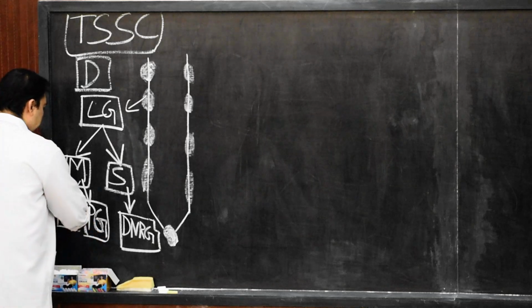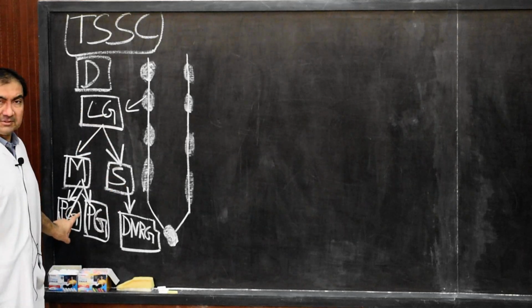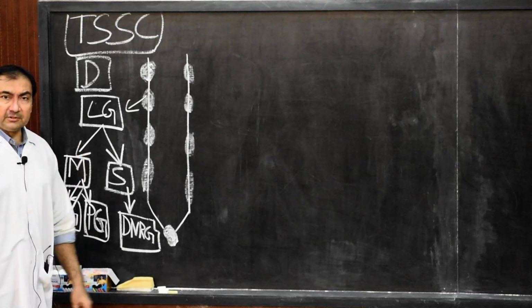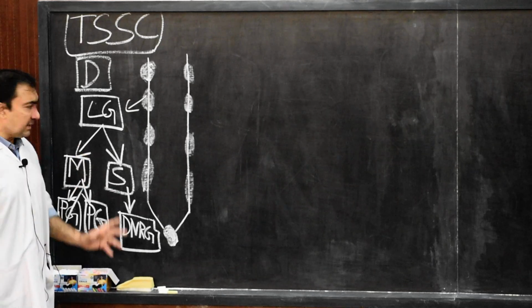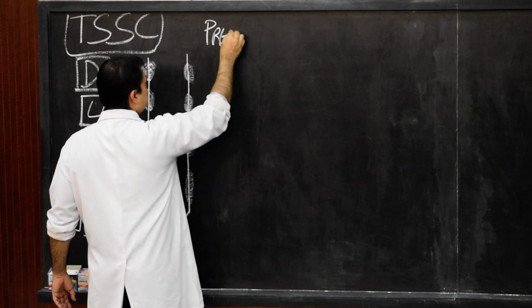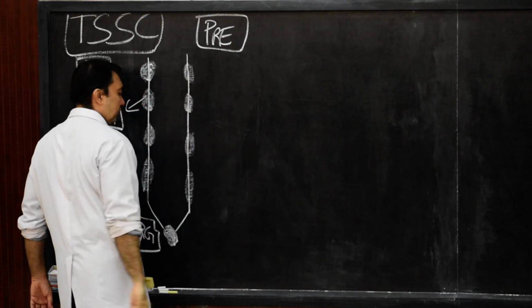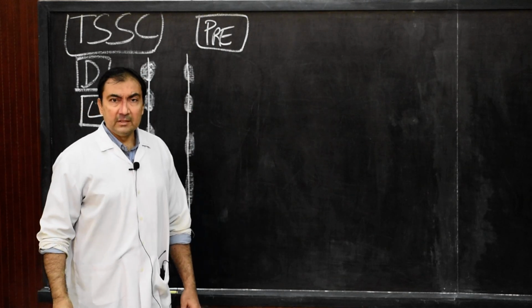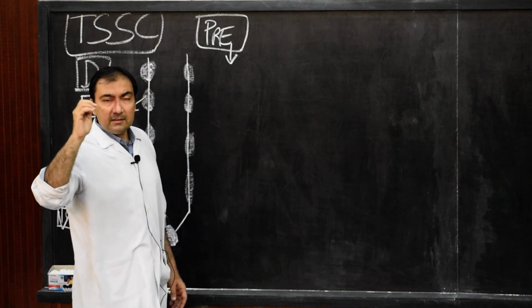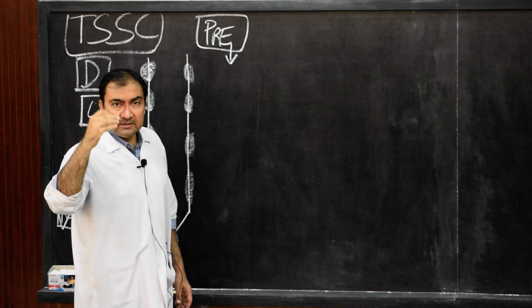Supposing we take the preganglionic neurons of the motor component, where are they located? These preganglionic neurons are always located within the lateral horn cells of T1 to L2 spinal segments.